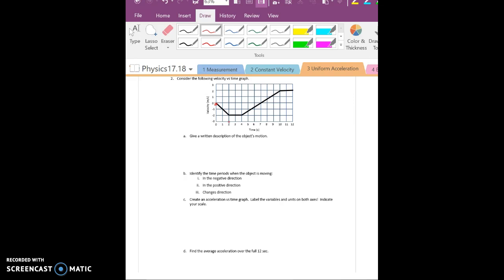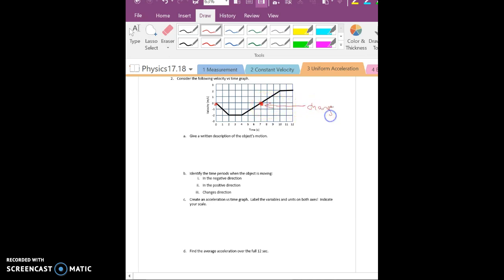Then from time 4 to time 7, the velocity is becoming less negative. It is moving from -2 meters per second to 0 meters per second. So from time 4 to time 7, the object has slowed down while it's moving in the negative direction. At time 7, it actually changes direction.